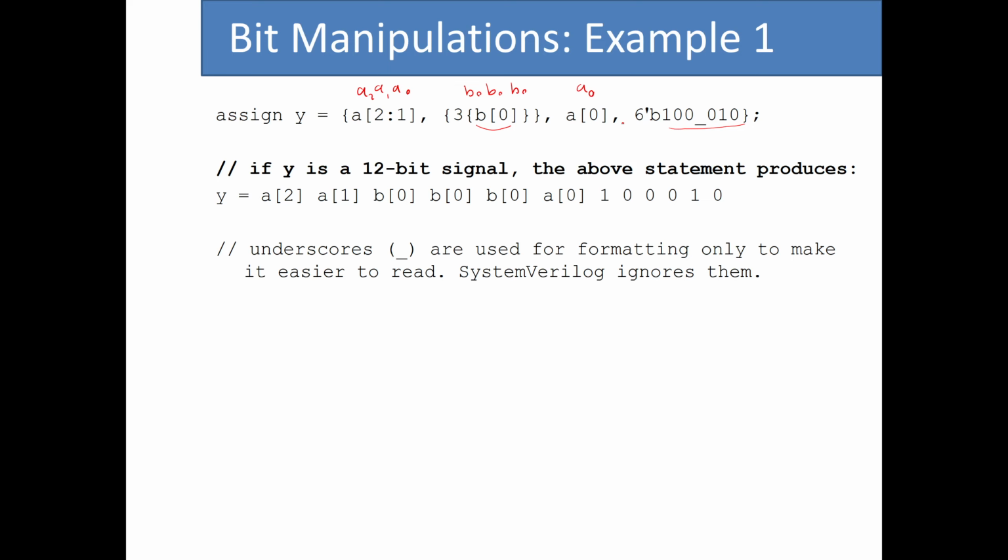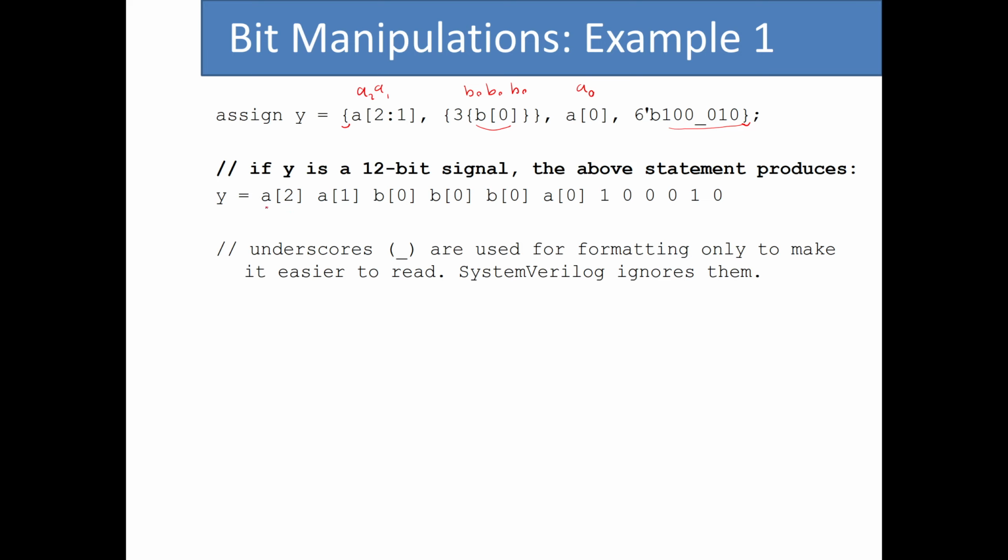The way that we can achieve that is by using curly braces. Curly braces are basically used to concatenate binary numbers into a single binary number. So executing this, we have A2, A1. I'm sorry, I made a mistake. This one is only 2 bits because it has only A2 and A1. It doesn't have A0. A0 is here.